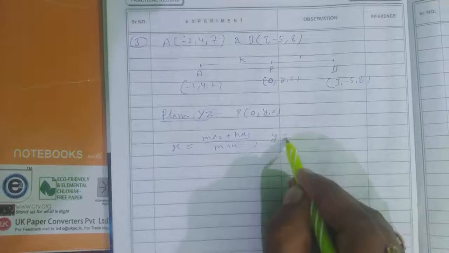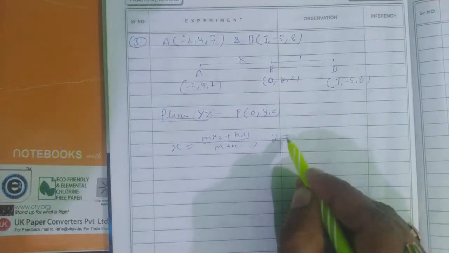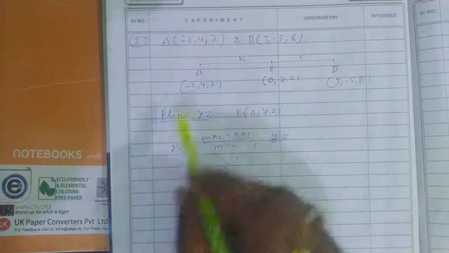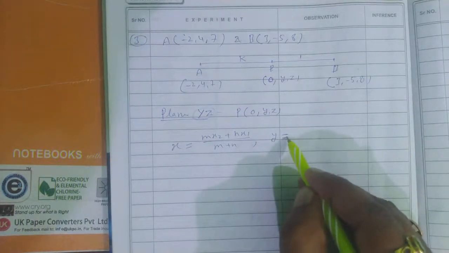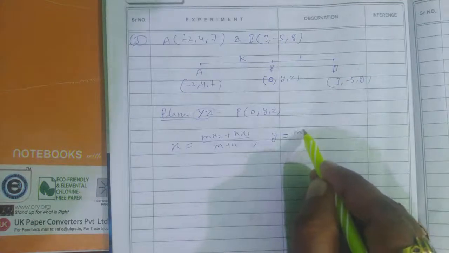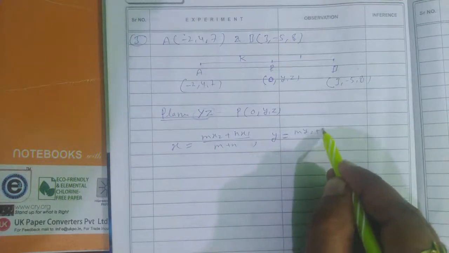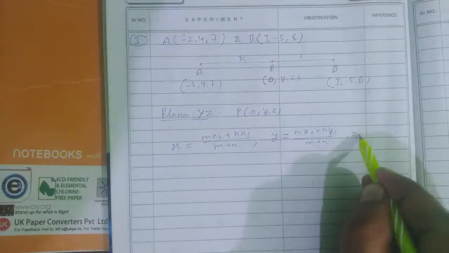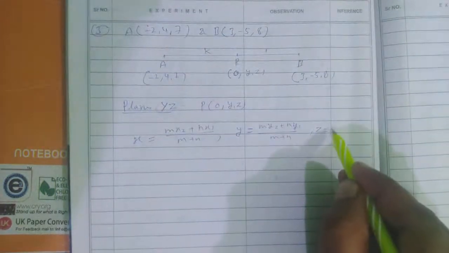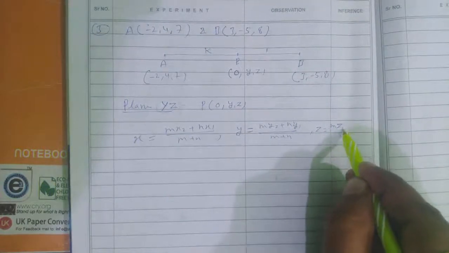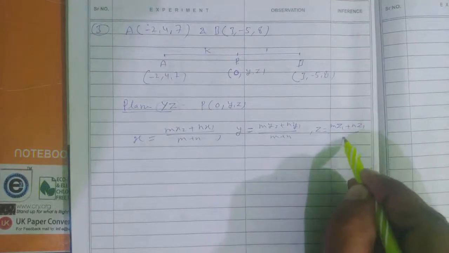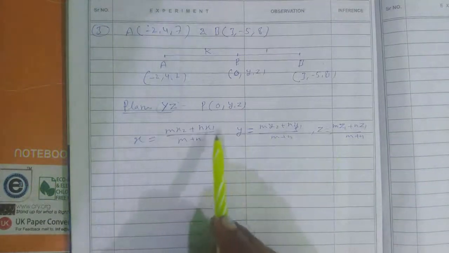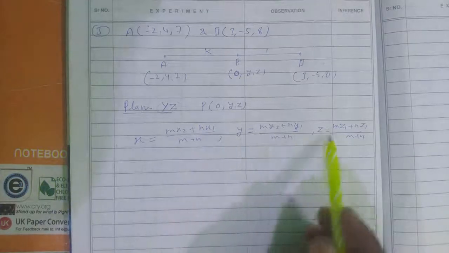Similarly, y equals (m y2 plus n y1) upon (m plus n), and z equals (m z2 plus n z1) upon (m plus n). Here only the first formula is required; the second and third are not required.